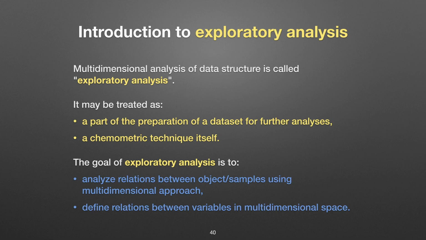Its goals are to analyze relations between objects or samples using a multidimensional approach and to define relations between variables in multidimensional space. So this is where the course starts widening its lens. We are no longer looking only at one variable or one pair of variables. Now we begin asking what the whole data structure is trying to tell us. And that, as always, is where things get very interesting.